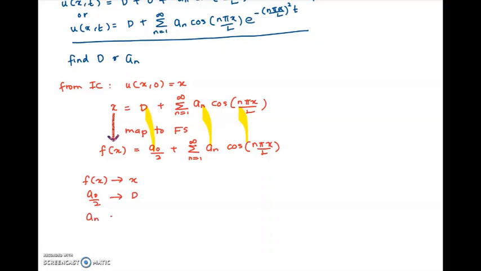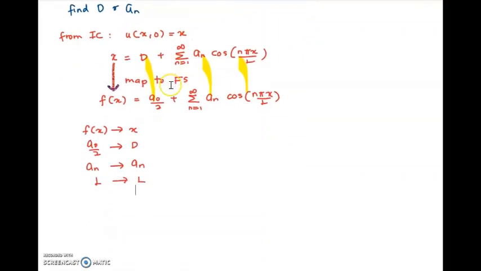So an in the Fourier series is also an in our case, and L in the Fourier series is also L in our case. So if we know the formula for the a naught, of course we can get the d because d is basically a naught over 2.